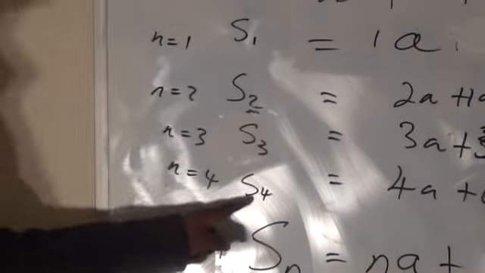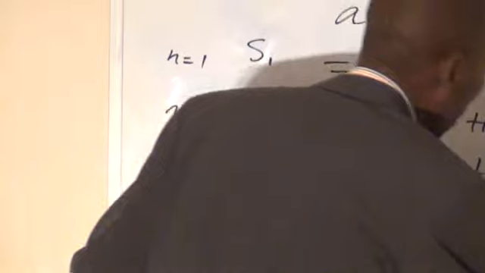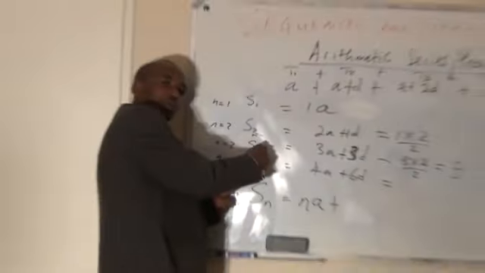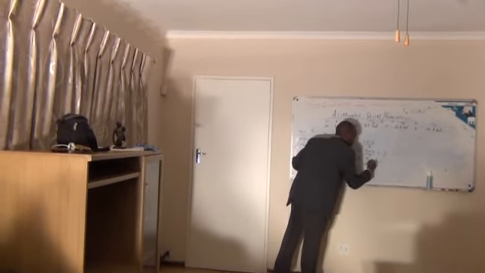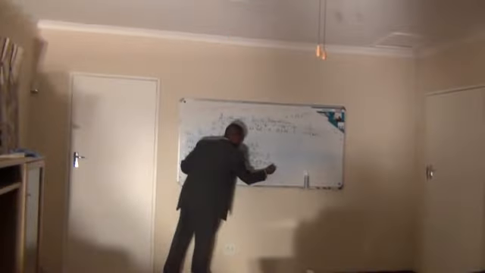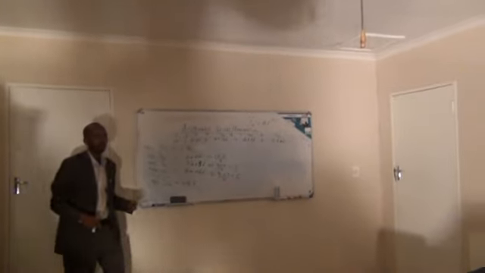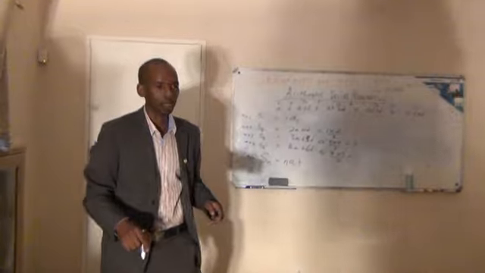If we do the same for S4, we end up with 4 times the one before, 3, divided by 2, 12 divided by 2, 6. We get 6D again.